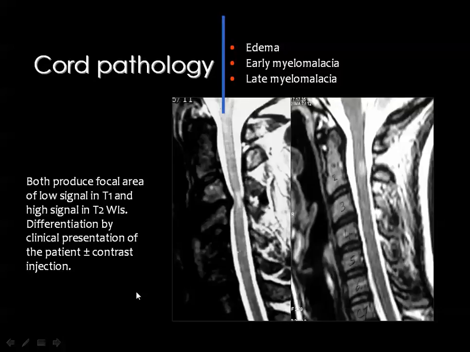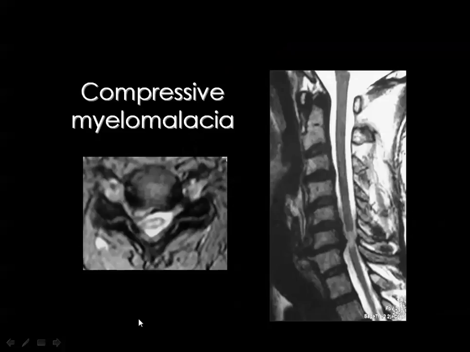Actually, we depend mainly on the clinical picture of the patient, and the clinician may sometimes be able to know whether this lesion represents edema or early myelomalacia or late myelomalacia. According to the literature, if you inject an area of myelomalacia with contrast media, then if it shows marginal enhancement, you can say that this is early myelomalacia. If no enhancement, you can say that this is late.